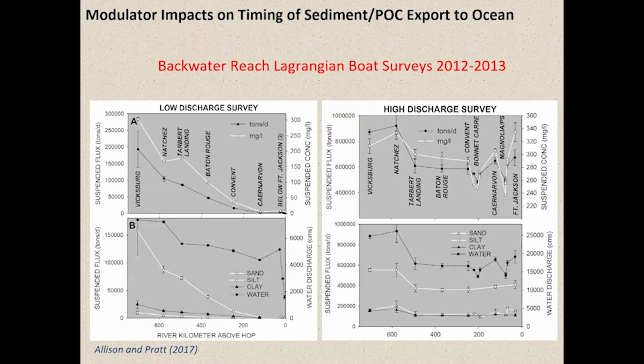This is a breakdown of the grain size. At high discharge, you can see that there is a relatively small reduction in sediment flux. And so that material is throughput directly to the ocean during that period. So the implication also is during the rising limb of discharge, all that material that is stored on the bed in the backwater reach for a period of months is remobilized over a period of days to several weeks and flushed to the shelf.